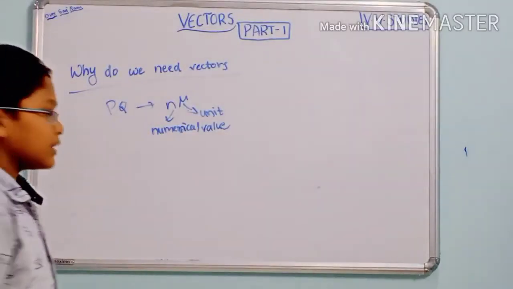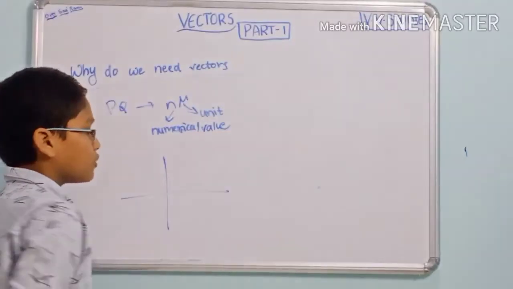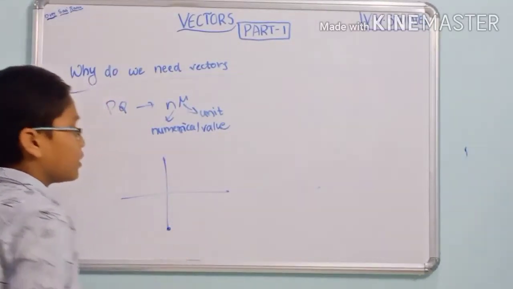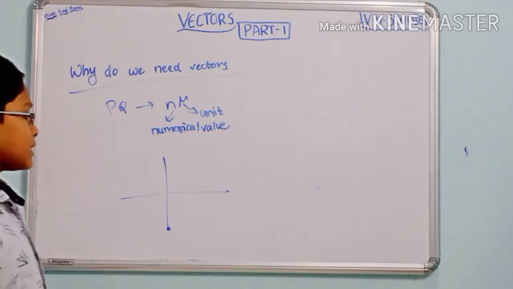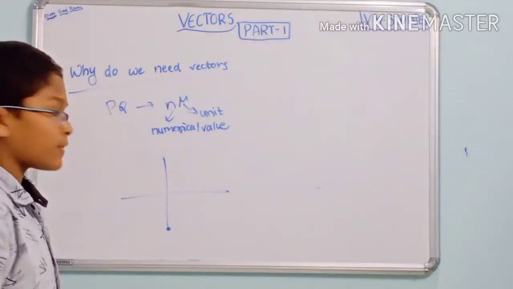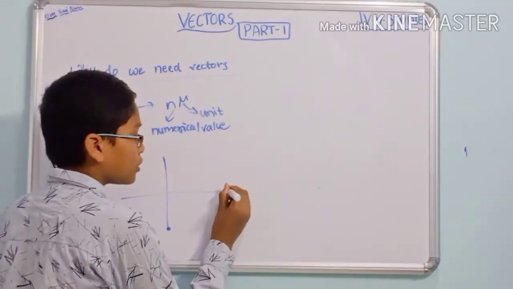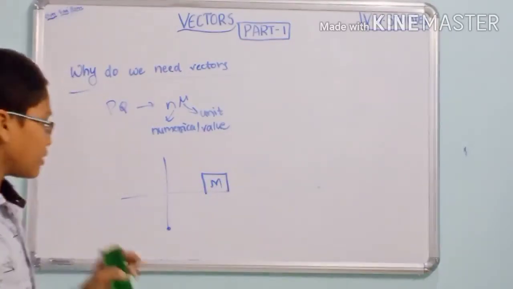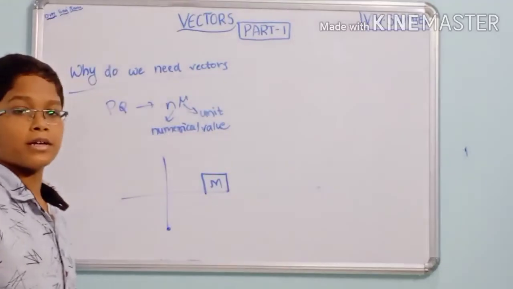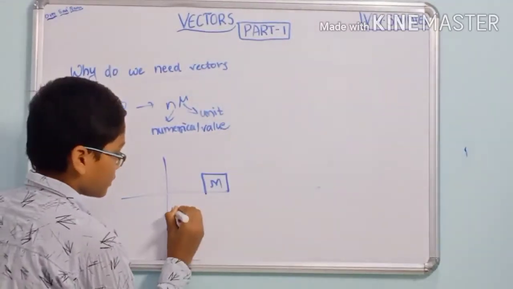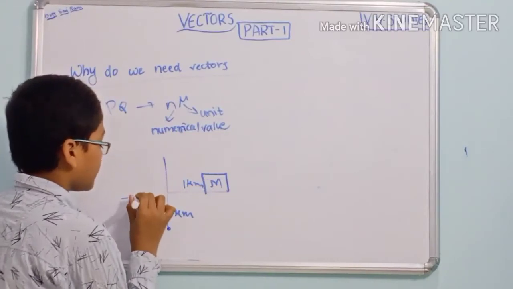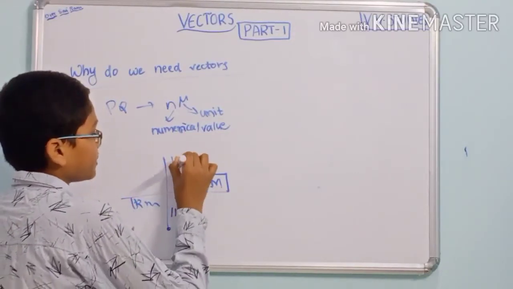What happens if there is no direction? We will see now. Think this is your house. Your mother told you to bring some vegetables from the market. You don't know where the market is. Here is the market. Your mother told you to go 2 kilometers. Means this is 1 kilometer and straight 1 kilometer.